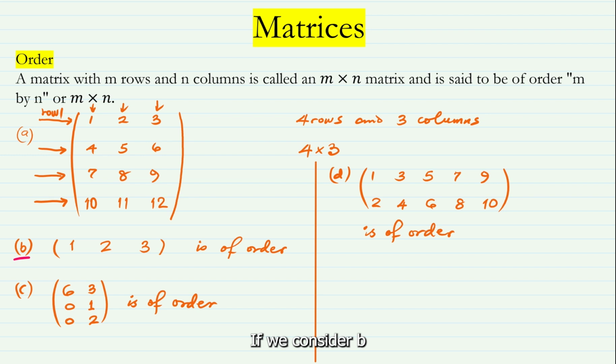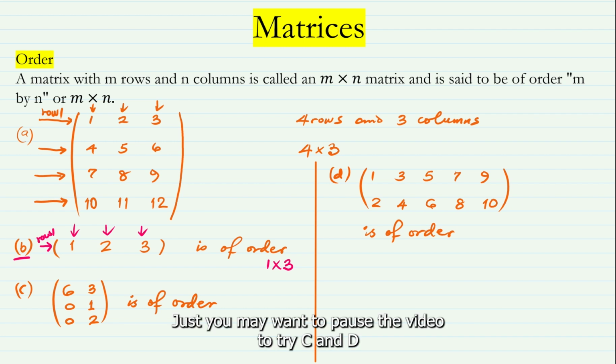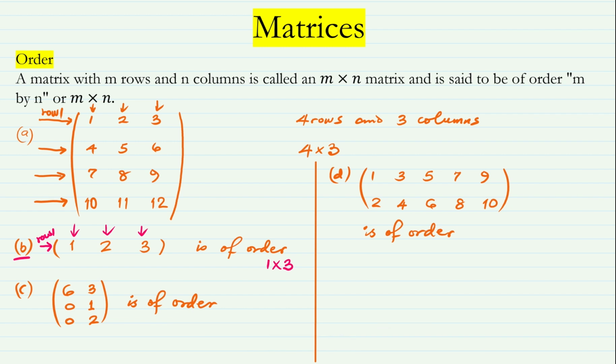If we consider B, we will see that it's only got 1 row, but it's got 3 columns. 1, 2, 3. So we'd say it's of order 1 by 3. Alright, you may want to pause the video to try C and D. Okay.